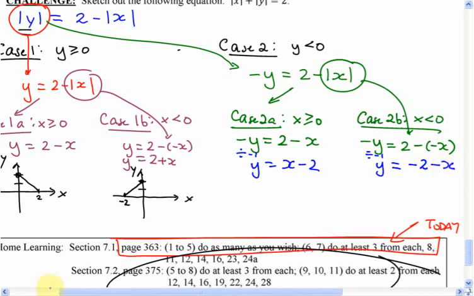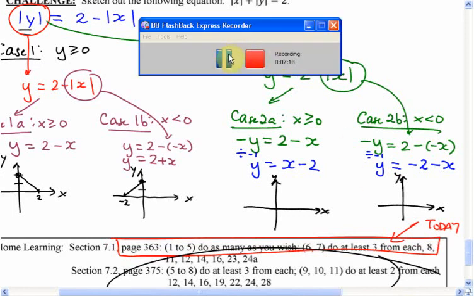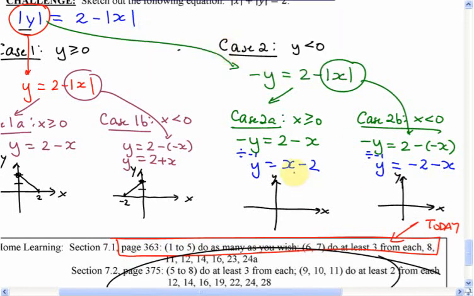So what I'm going to ask you to do now is, let's see if you can sketch out these two parts, and then afterwards, I'm going to ask you to put them all together. Go ahead and try this on your own right now really quickly. See if you can sketch these two parts, please. 2A is the equation x minus 2, so right down here, and then upward sloping.